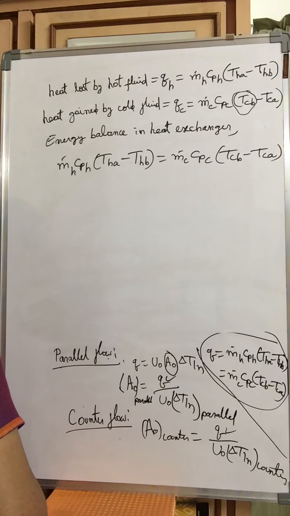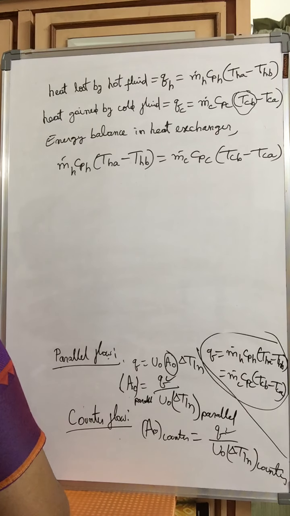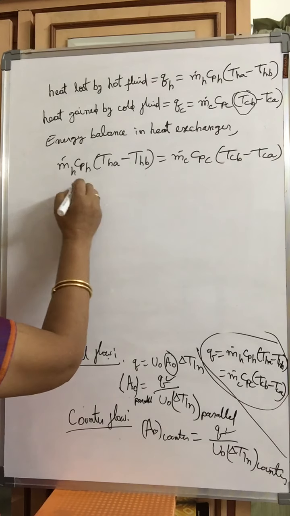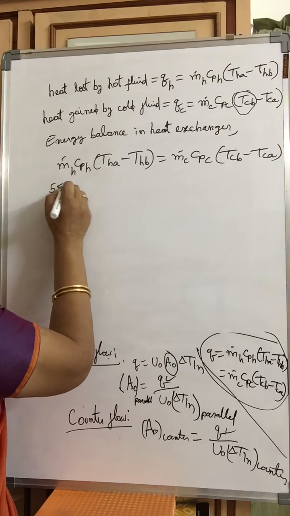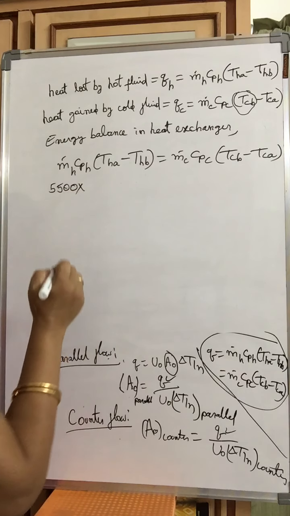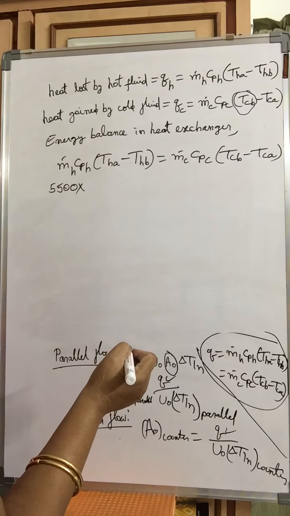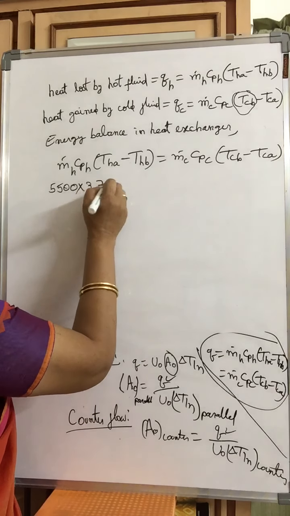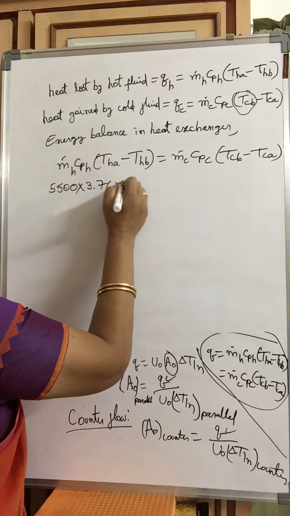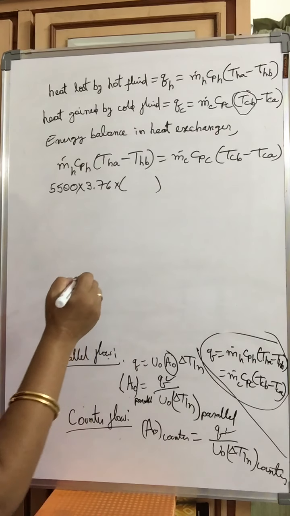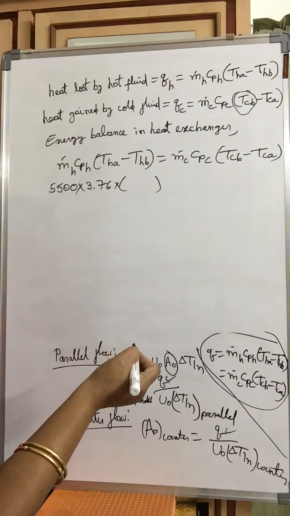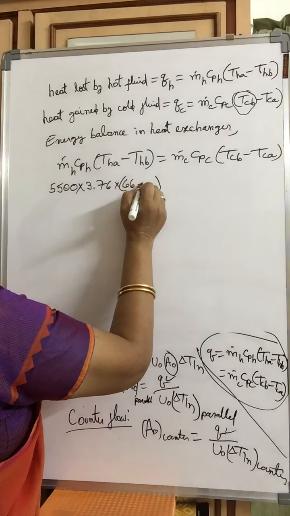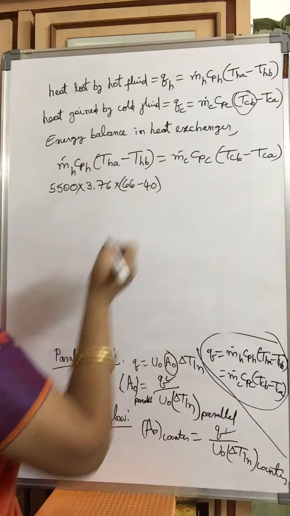What is m dot H? Mass flow rate of alcohol, 55,000. M dot H is 55,000 into CPH, the specific heat of alcohol, 3.76, into this value. THA is how much? It is cooled from 66 to 40. So 66 minus 40.